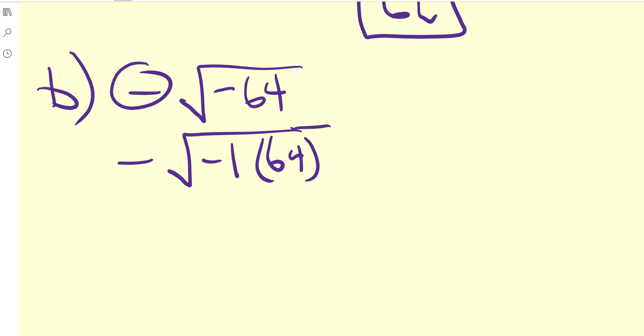The square root of negative 1 is i, so that's going to come out front. And then I've got the square root of 64, which is 8. So I could write this as negative 8i. And we're good.